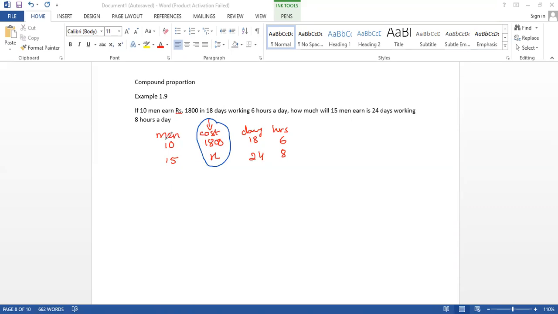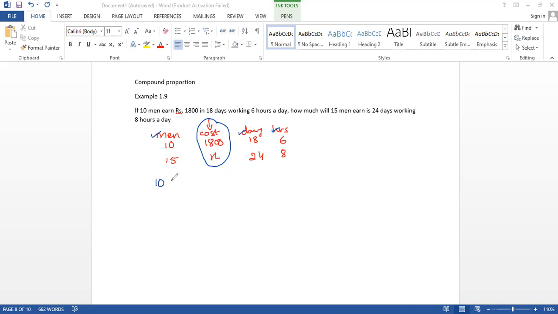The more the men, the more would be the earning, the more would be the cost for us. So yes, this one is directly proportional. If you think about days, the more the days, the more would be the cost. Again, direct. The more the hours that they work, the more would be the total cost. So again, all of them are directly proportional. So when they are directly proportional, now we can form our data over here.